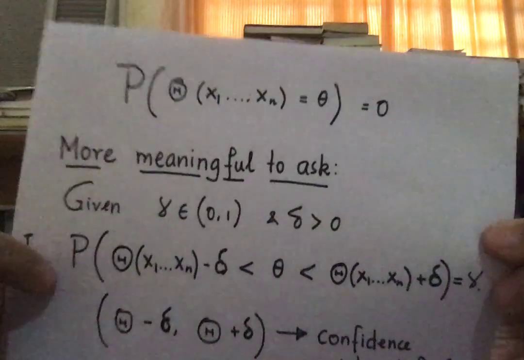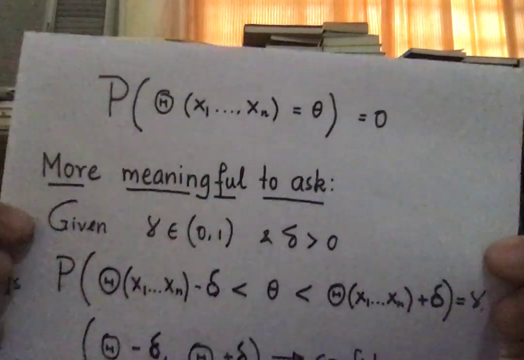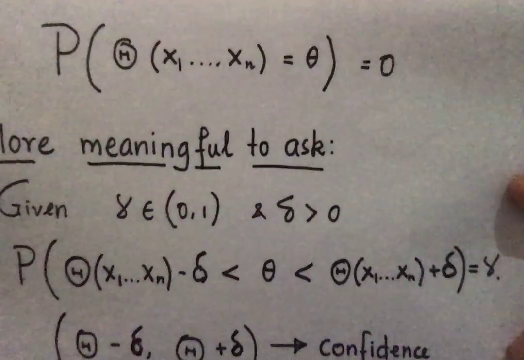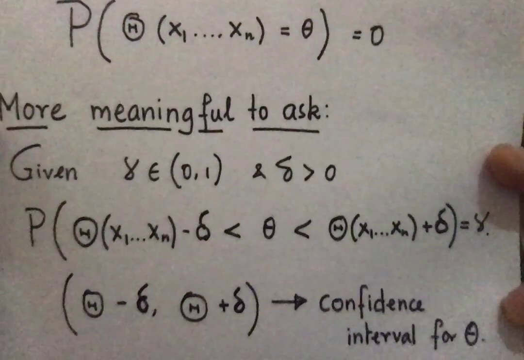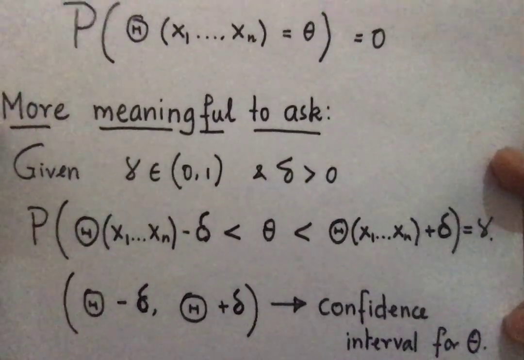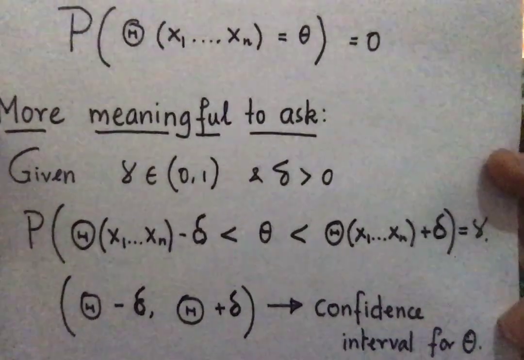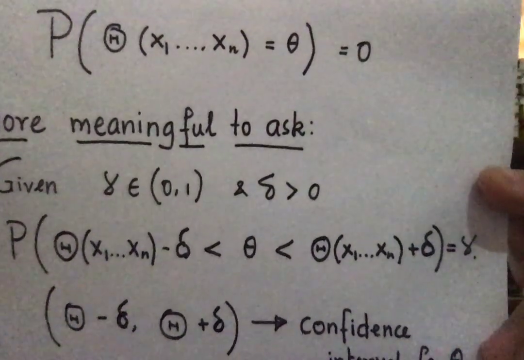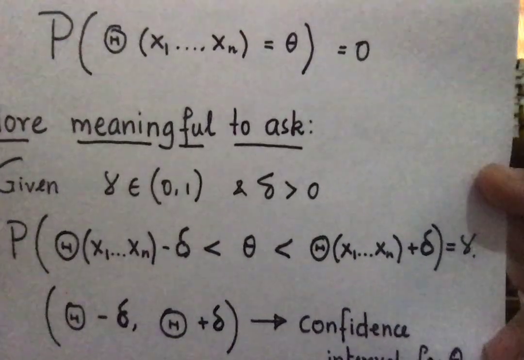That is, given a gamma between 0 and 1 and given some delta greater than 0, does theta lie in a delta neighborhood around the statistic value, that is, capital theta of X1, ..., Xn. When capital X1, X2, Xn are observed, they become x1, x2, xn, and things are obviously much easier.